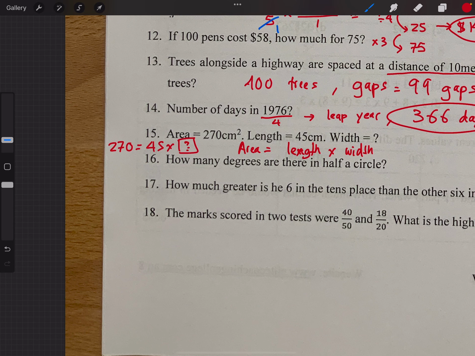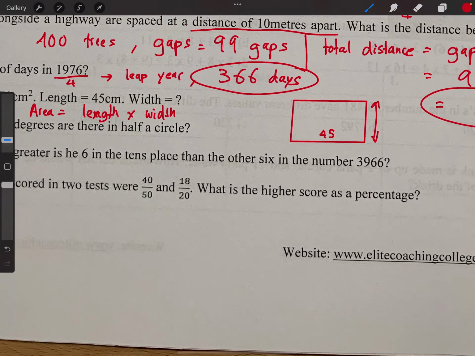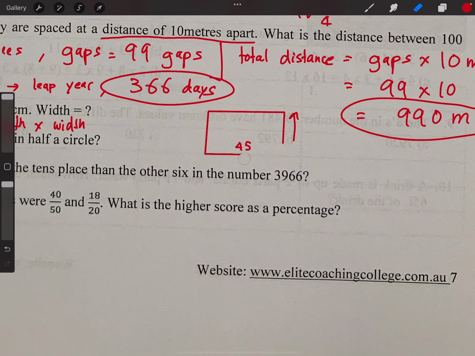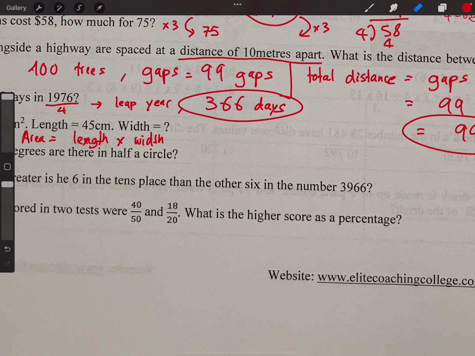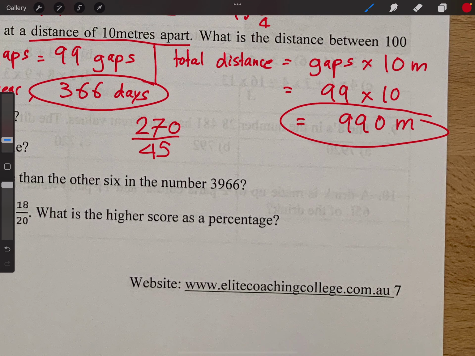So how do we find the width? Well, we just do division. That picture was useless. We say 270 divided by 45. Let me think, how do I do this?